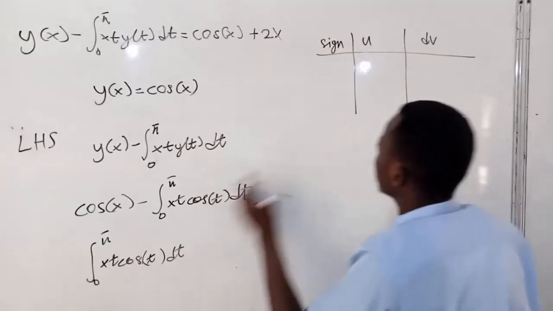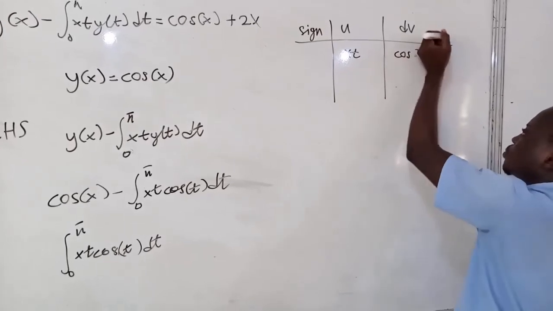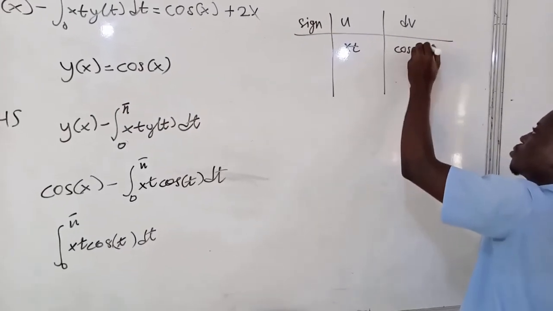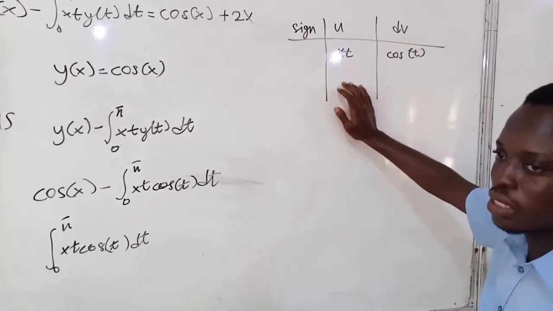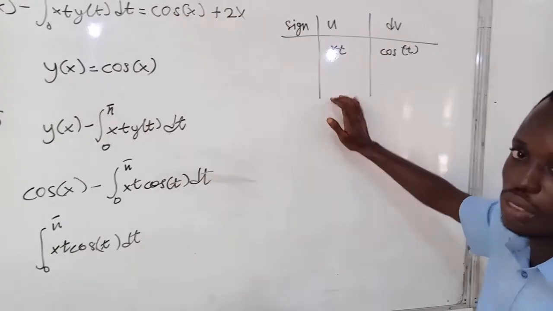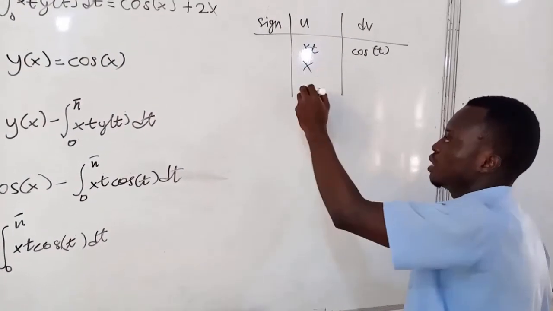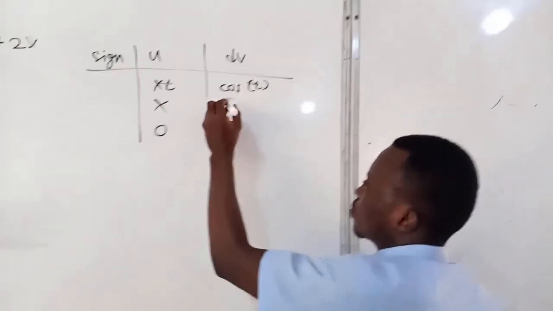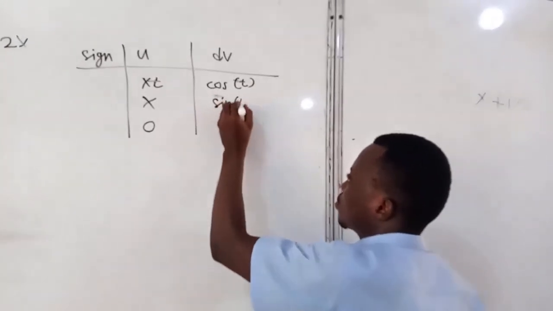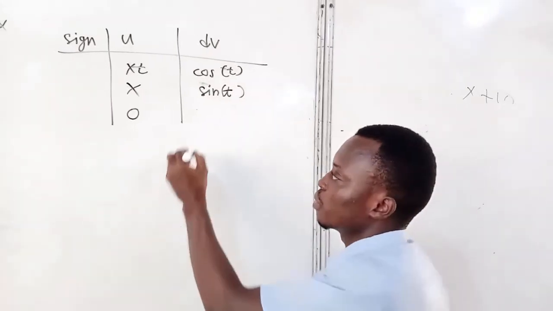Let's put our st here and cos t here. In this column, we are going to differentiate this side with respect to t until we get to 0. If we differentiate st with respect to t, we are going to get s. Differentiating s with respect to t, we are going to get 0. This side, if we integrate cos t, we are going to get sin t. If we integrate sin t, we are going to get minus cos t.